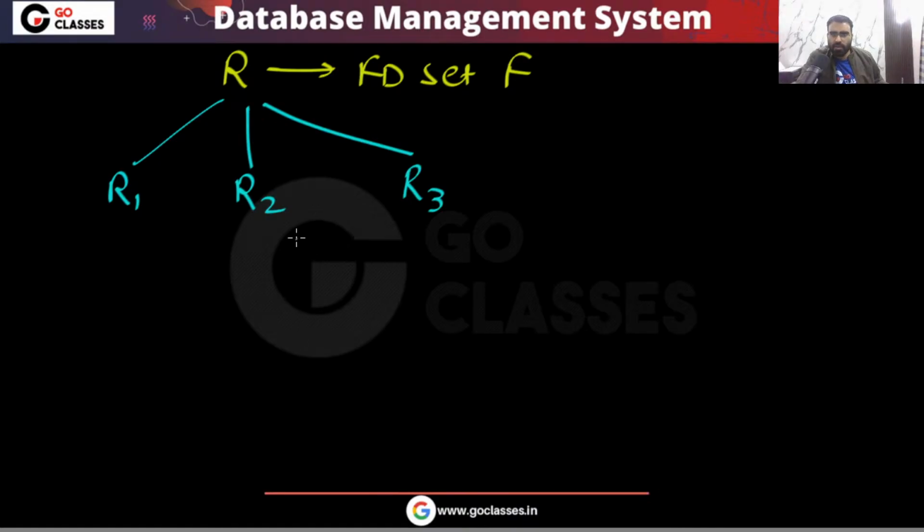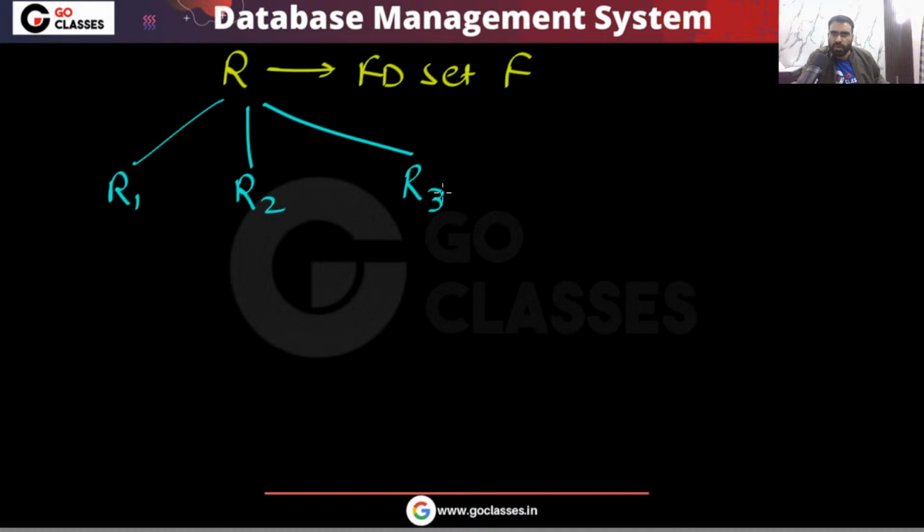Now you can easily see that R1 contains a subset of attributes of R, R2 contains a subset of attributes of R, and R3 contains a subset of attributes of R. So some functional dependencies will hold on R1, some on R2, and some on R3.